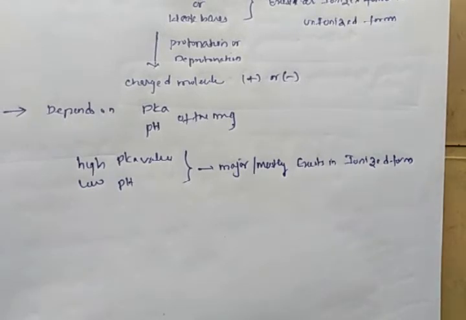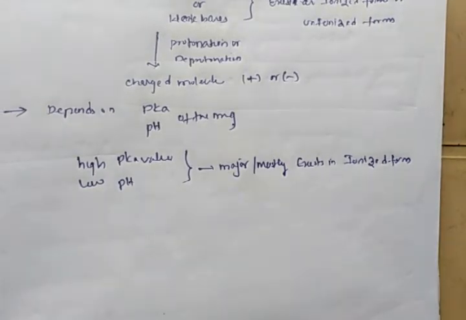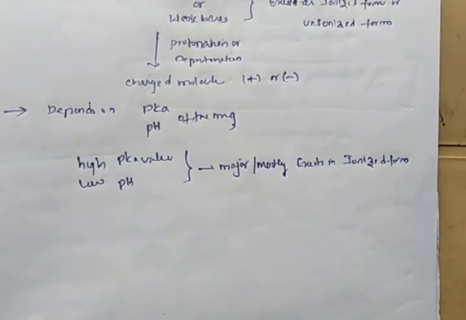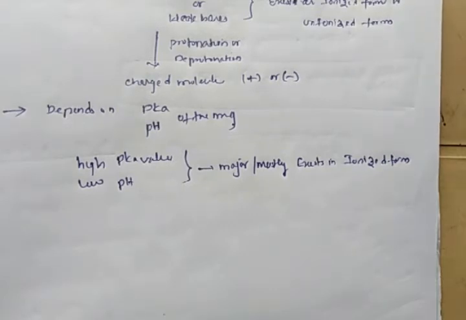So the ionization of a drug majorly depends upon its pKa and pH value. If a drug has a high pKa value and low pH value, such a drug undergoes ionization. This ionization imparts good water solubility to the drug molecule.